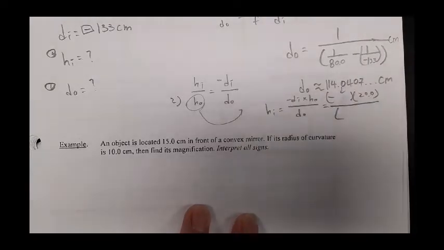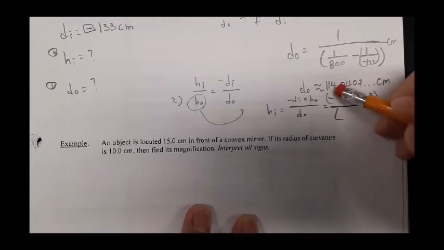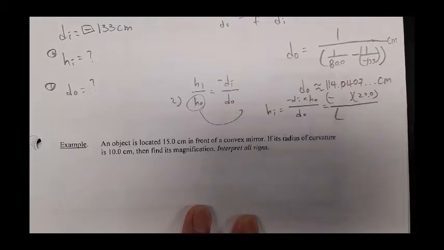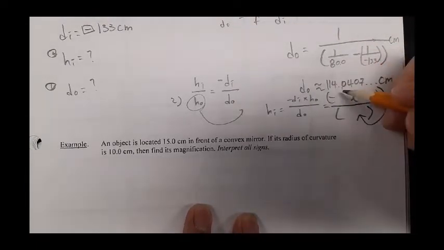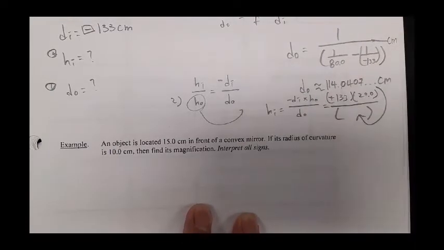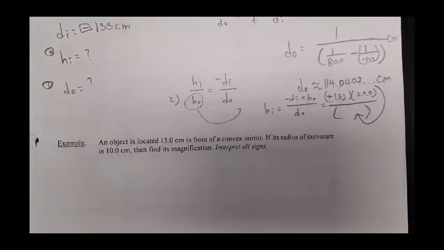that doesn't belong as an image. Sorry, folks. That belongs as a denominator, which is easy to fix. DI is negative 133, so negative of negative 133 can just change into positive 133.